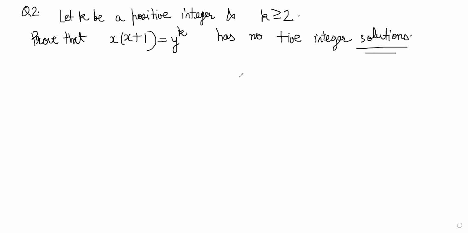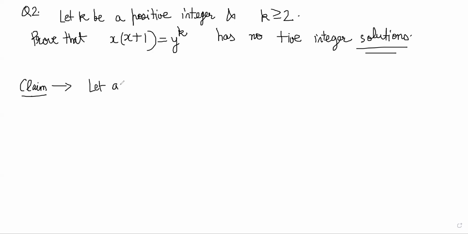Okay. Before we go into this problem, I'm going to make a claim and I'm going to prove my claim, and then we'll use that claim while solving this problem. So what is the claim?